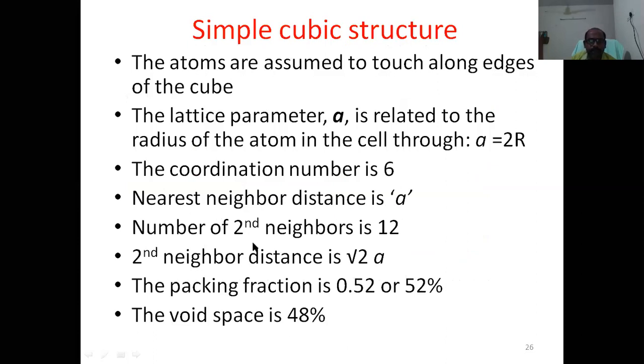The number of second neighbors is 12. The second neighbor distance is root 2 a, that means the face diagonal length.